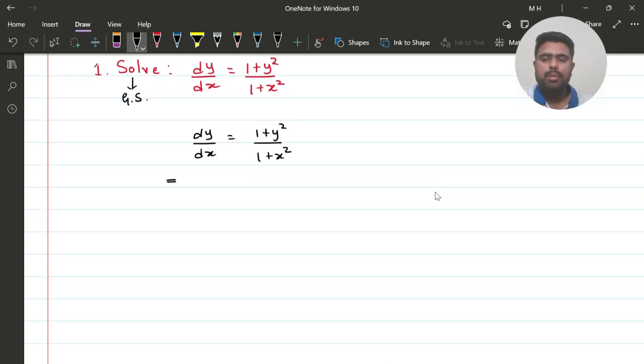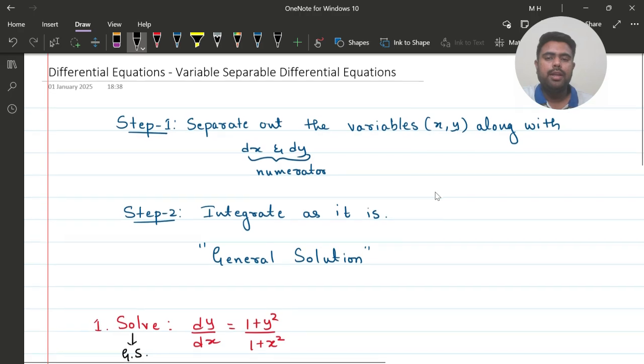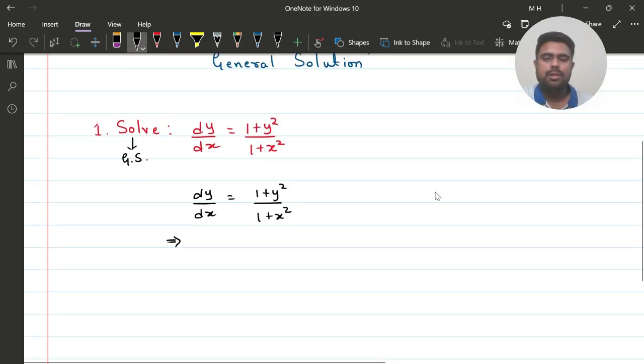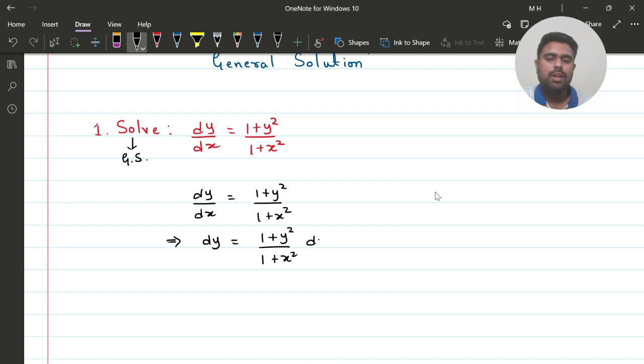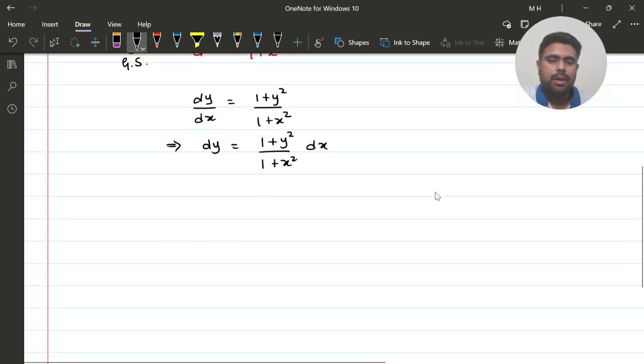As I said, make sure the dy and dx both are in the numerator. So dy is anyways in the numerator, but dx is in the denominator. I will bring it to the other side, so it would be 1 plus y square by 1 plus x square dx. But here on RHS we have y term also, right? So I will bring this 1 plus y square to the other side.